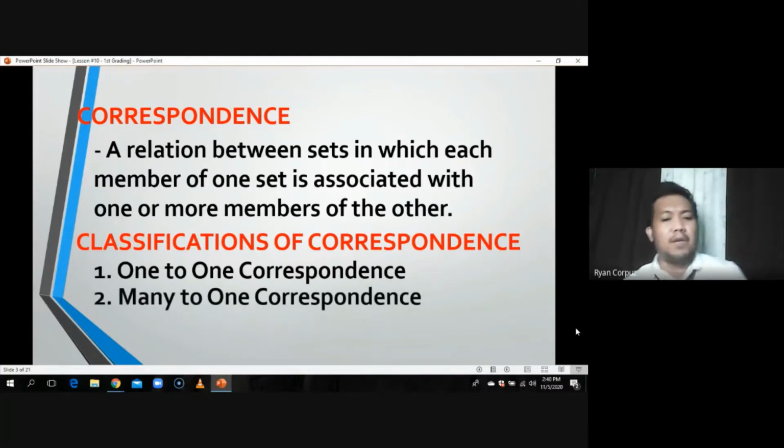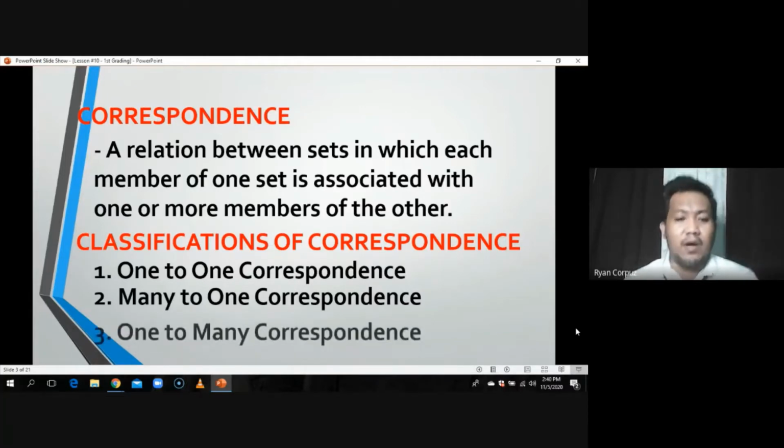Second, we have many-to-one correspondence. It means that two or more elements in the domain are paired to one element in the range. Ibig sabihin, kapag meron kang two or more elements sa domain mo, then yung two or more elements na yon ay nakapair sa iisang element in the range, then we call that many-to-one correspondence.